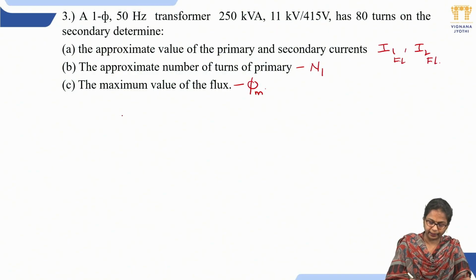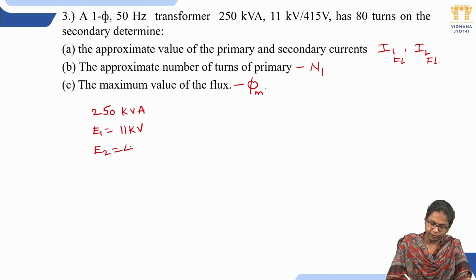So initially we'll be writing down the rating of the transformer is 250 kVA. This is a single phase transformer. E1 is 11 kV and E2 is 415 volts and it is having 80 turns on its secondary, so N2 is equal to 80 turns. We are asked to calculate I1 and I2, full load primary current and full load secondary current.